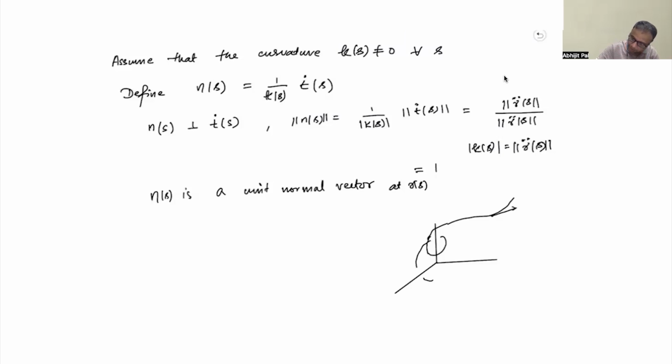We have this tangent vector T(s), and this normal vector will be orthogonal to this tangent vector.